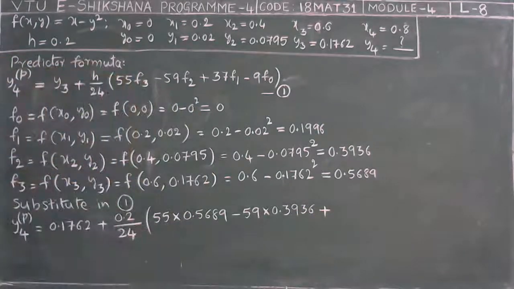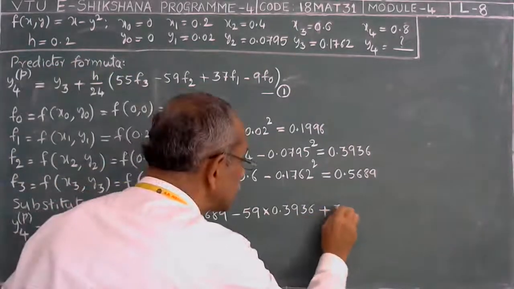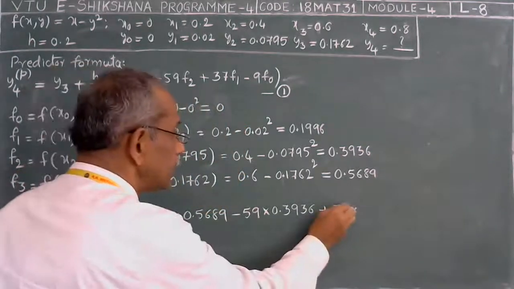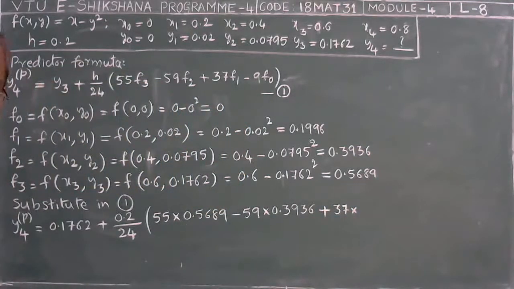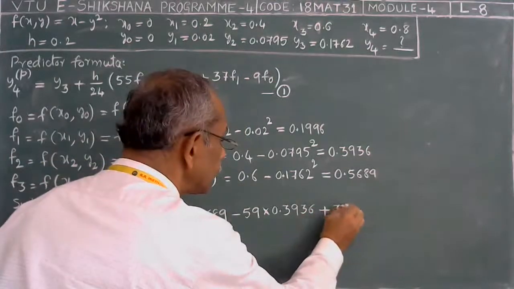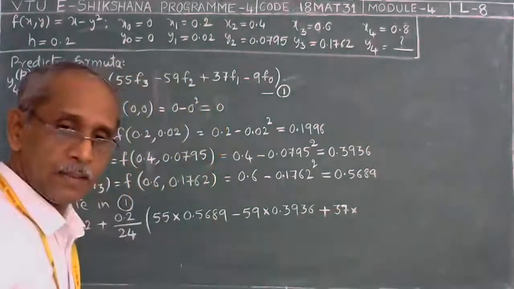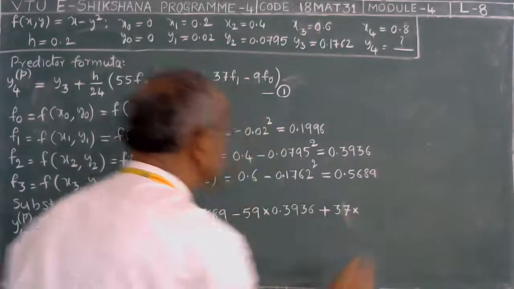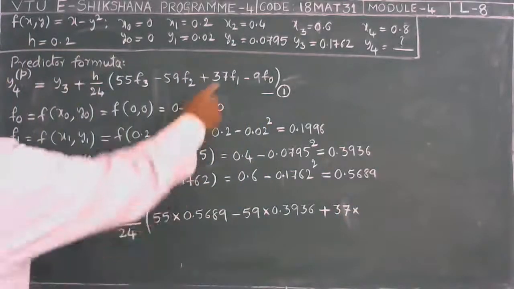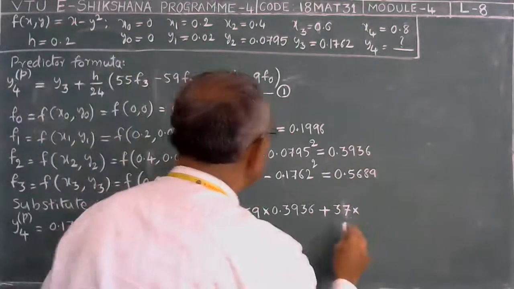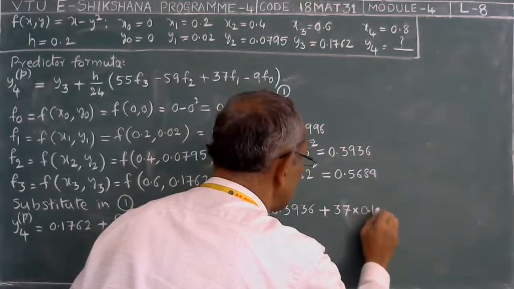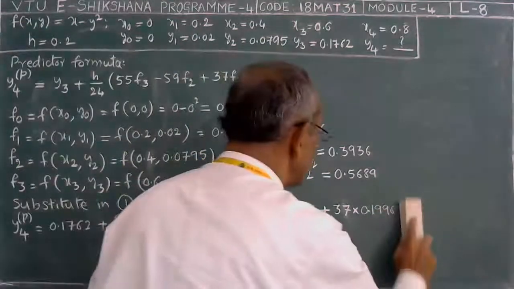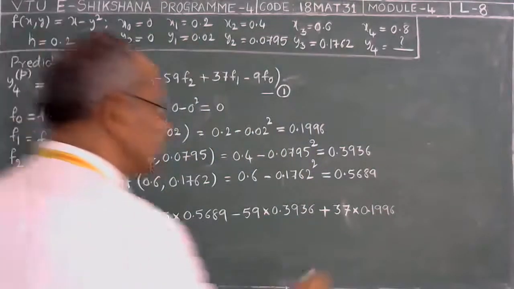Plus 37 times F1. F1 is 0.1996. Then minus 9 times F0.